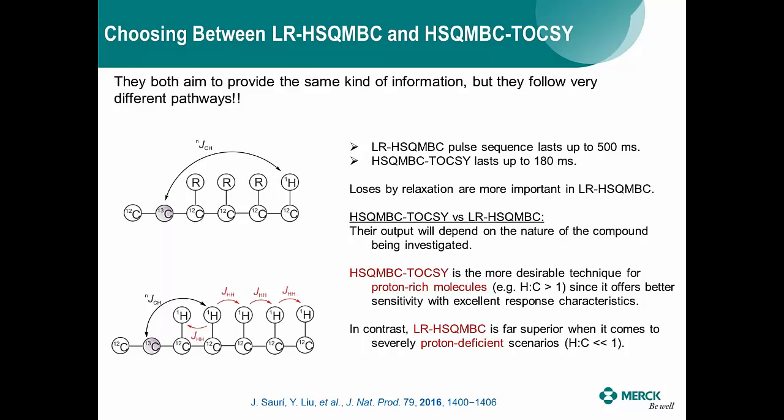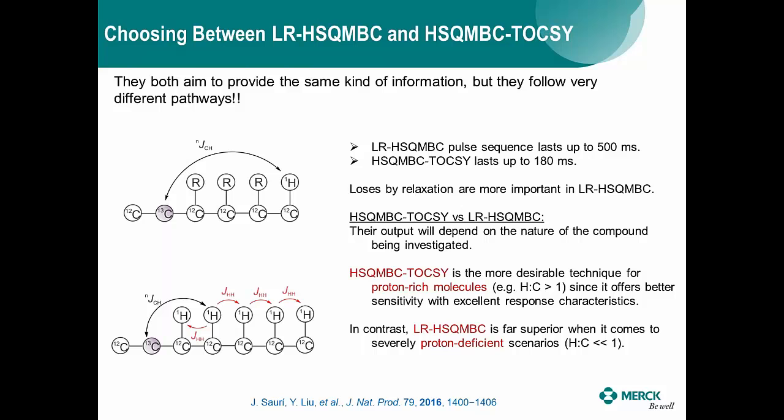While the LR-HSQMBC, for instance, is based on a direct correlation between the very long-range proton and the carbon, so basically the pulse sequence is optimized in such a way that we are trying to maximize this signal. And then we also have the HSQMBC-TOCSY, which is a two-step sequence.